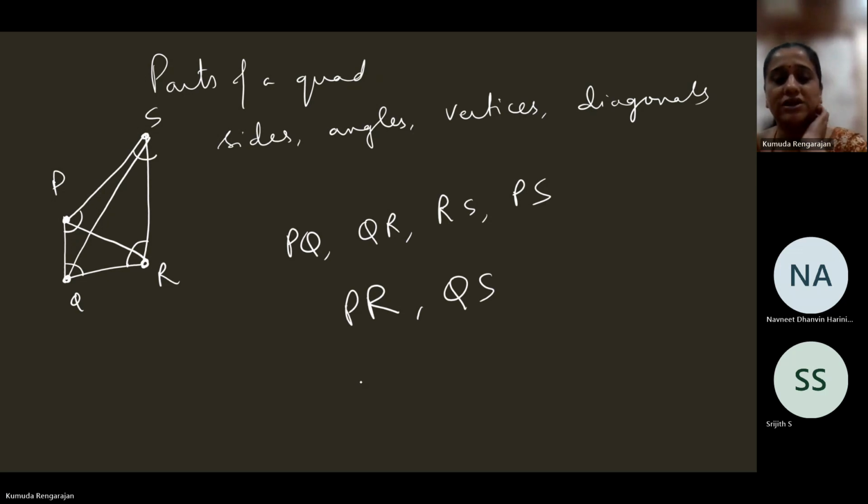Parts of a quadrilateral means, when you're given a quadrilateral, what are the different things you can name? You can name its sides, angles, vertices, and diagonals.